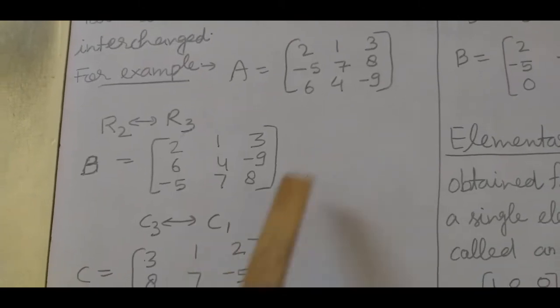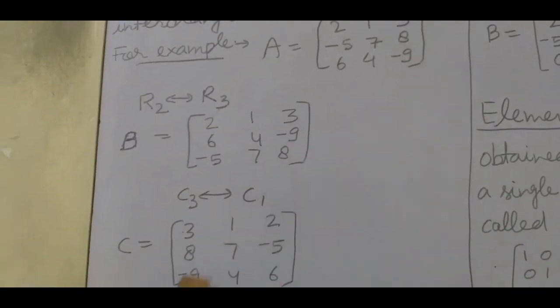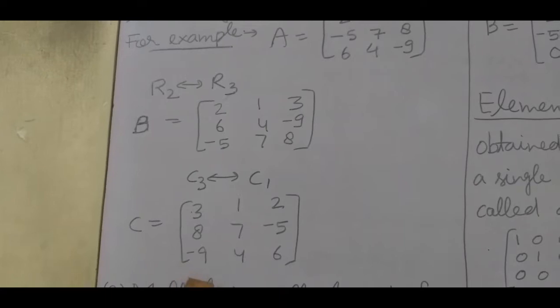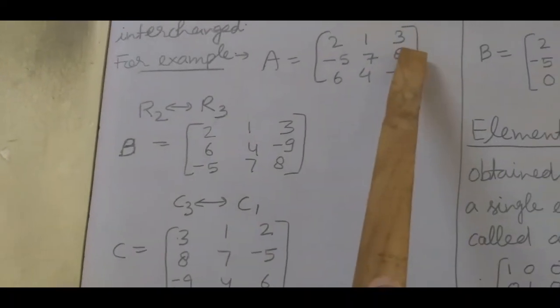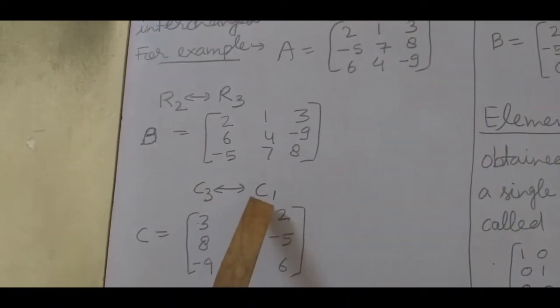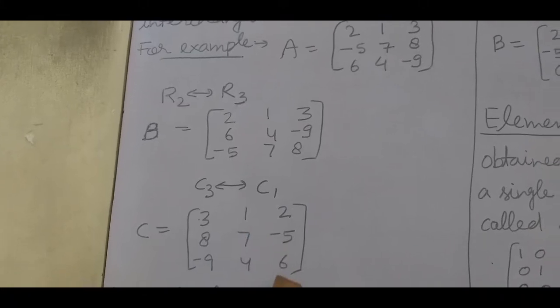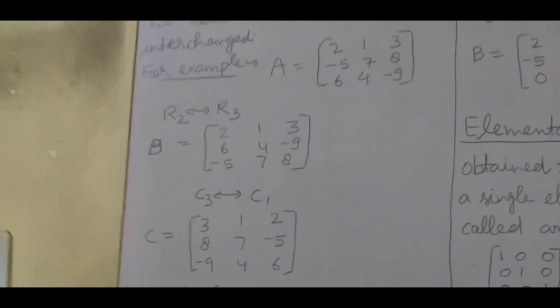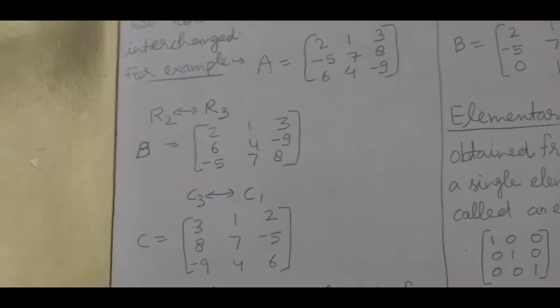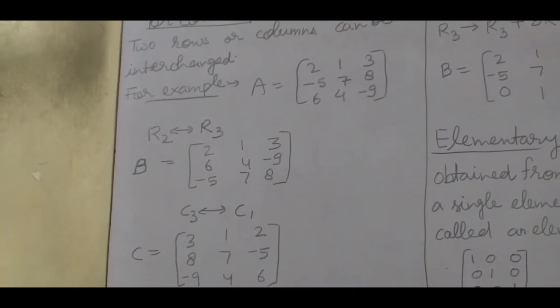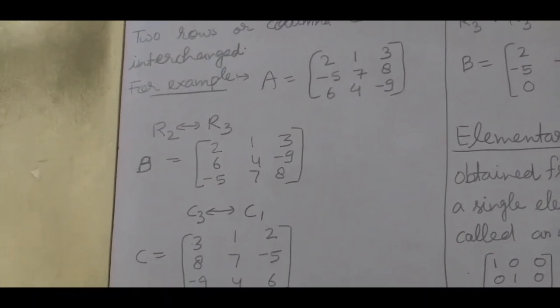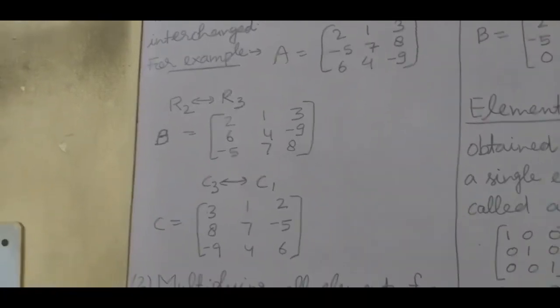You can see, students, C3 I have written at the place of C1: 3, 8, minus 9. And at the place of C3 I have written C1: 2, minus 5, 6. So this is called interchanging. By this way we can interchange two rows or two columns.